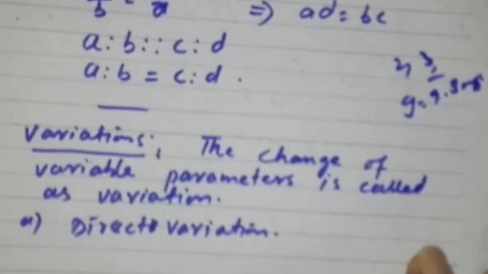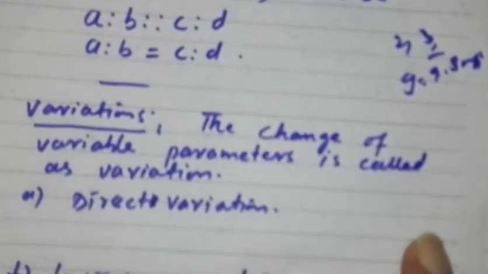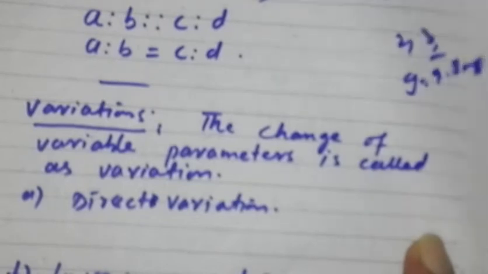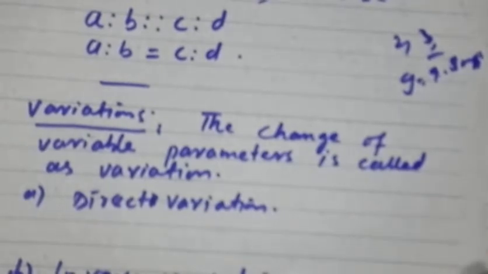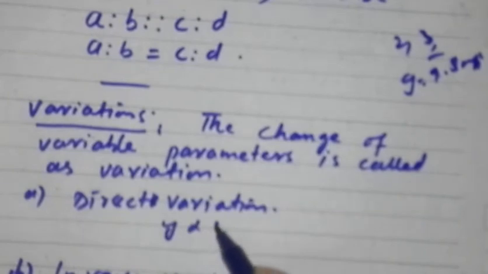There are two types of variation. The first is direct variation. Direct variation is that type of variation in which if one quantity increases, the other also increases. Such a relationship is called direct variation or direct proportionality. For example, if y varies directly as x, it is written as y proportional to x, or y equals kx.